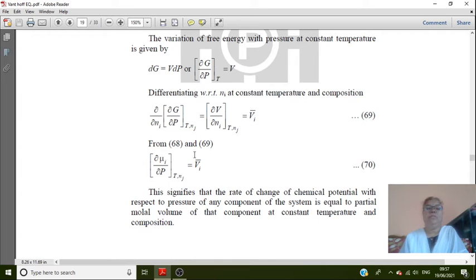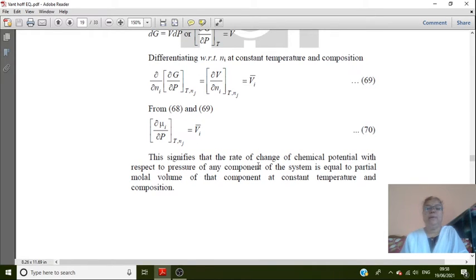And from equations 68 and 69, we can write ∂mu_i/∂P at constant temperature and number of moles of the constituents, equal to the partial molar volume of the ith constituent.